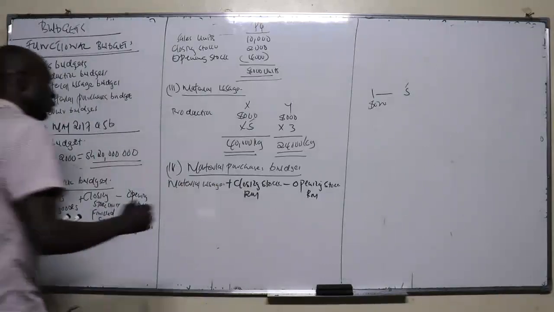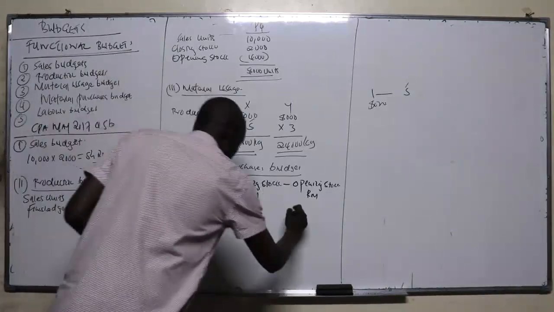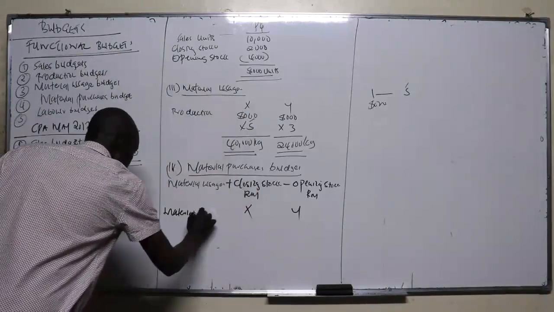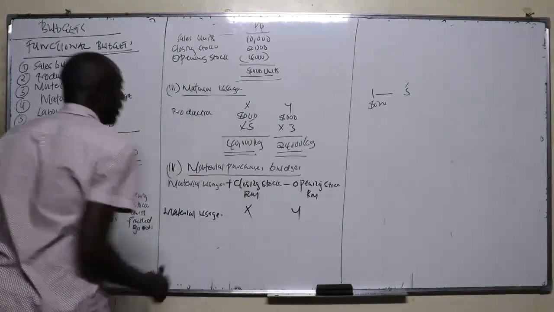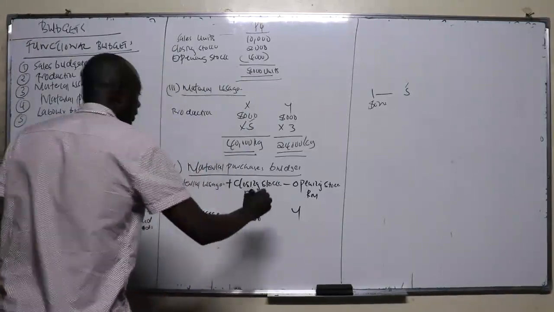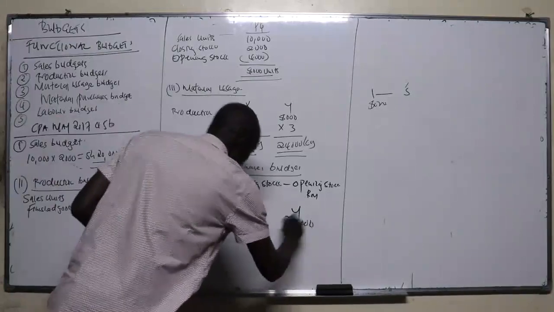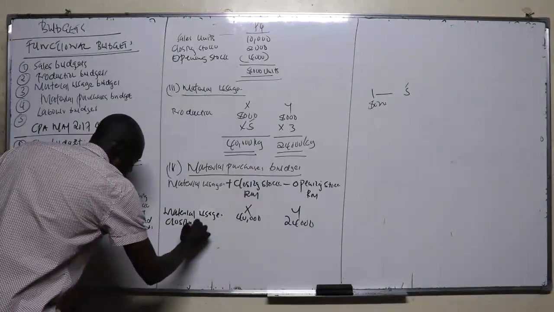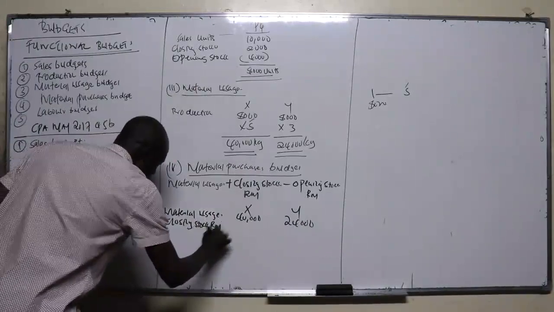So we have material X and material Y. Material usage here is 40,000 kgs. This one is 24,000. Then closing stock of raw materials.